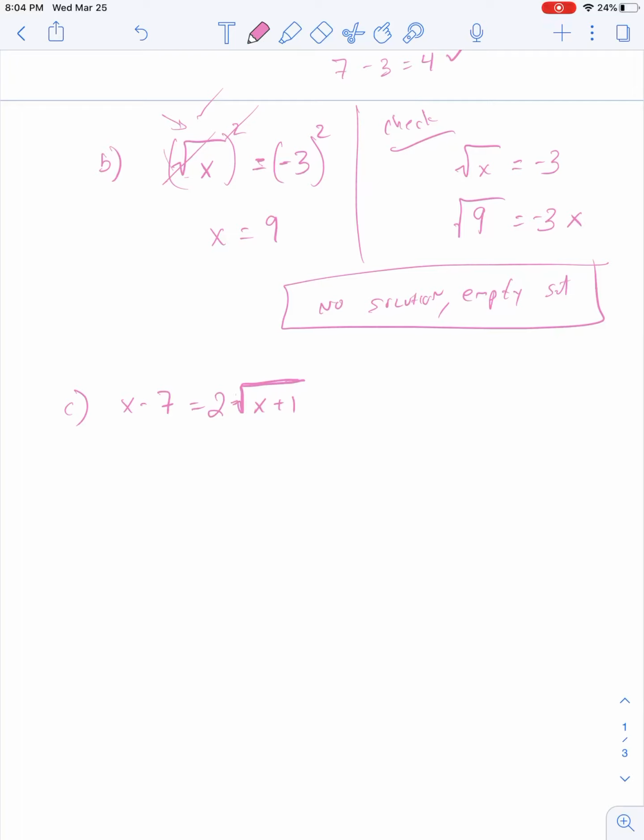It has no index, so that means it's a 2. That means this is a 2. So what we're going to do is we are going to put that back there. We're going to take this side to the power of 2 and this side to the power of 2. Because now we're left with x minus 7 times the x minus 7. And this is now 2 to the power of 2. And then so is the radical.